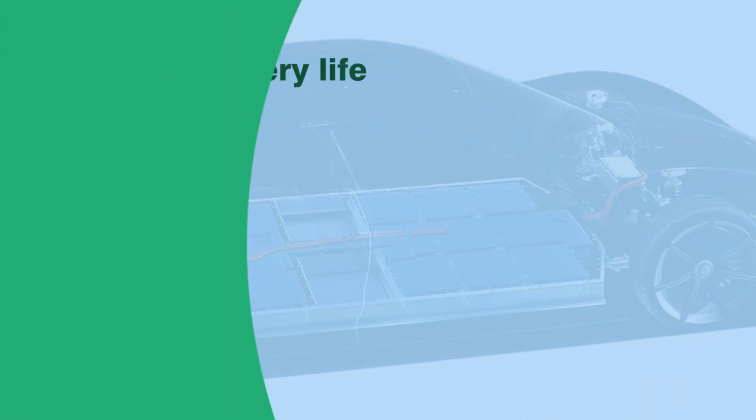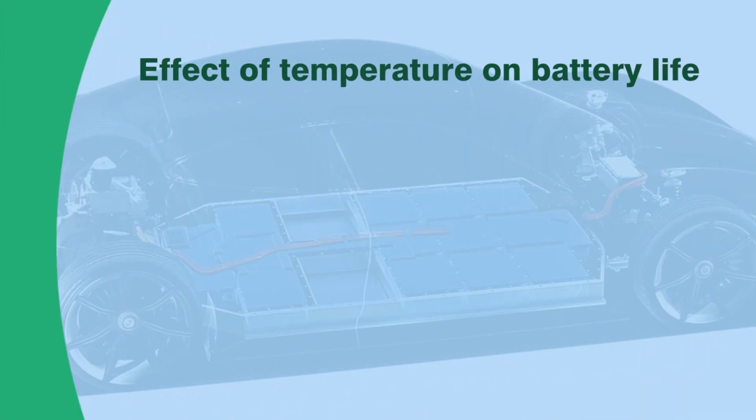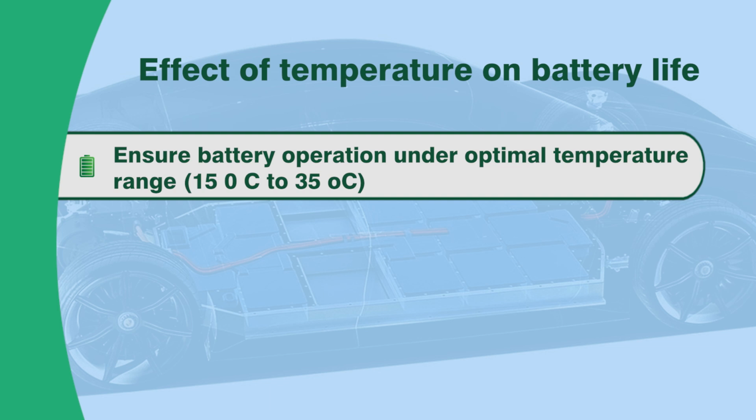Even before that, let us understand the effect of temperature on battery life. When under operation, the battery has an optimal temperature range, around 15 to 35 degrees centigrade.